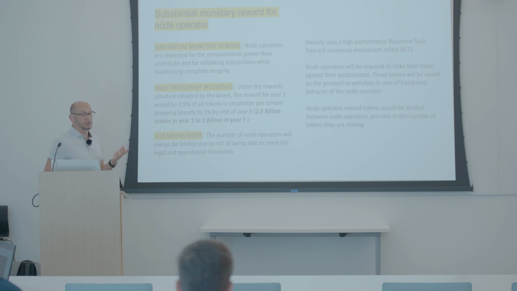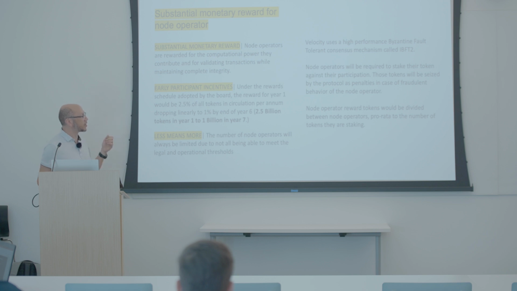So why would you want to do this? Why would I want to spend all this money? Well, there's substantial reward. You are earning the vast majority of credits that are available at this point in time in the network. In the first year, there's a 2.5% bonus on top of it.